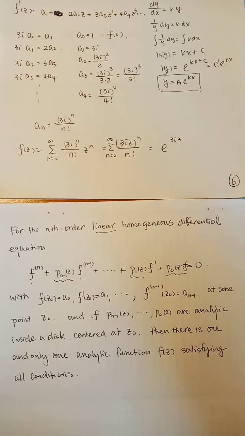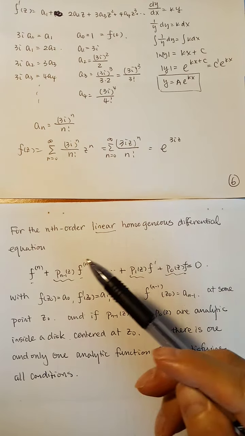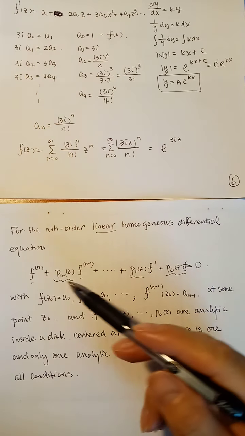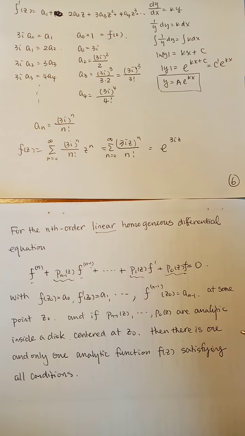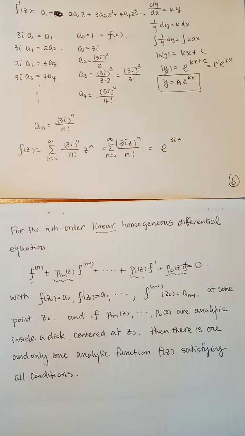differential equations. And how do you do that? You assume you have an analytic function. It has a power series representation, the Taylor representation, and you satisfy this equation. You solve this homogeneous linear equation, you will get the answer. That's existence.